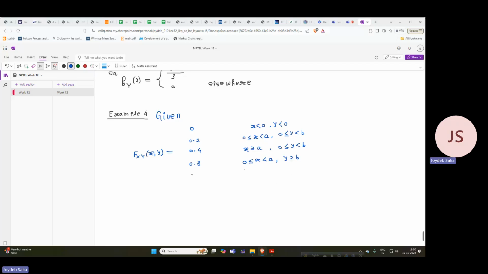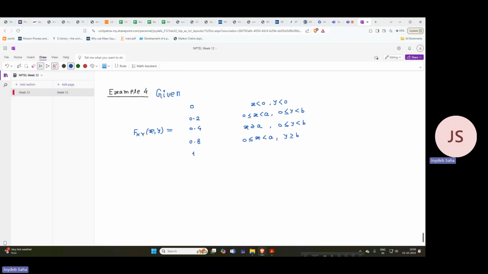Okay, and 1 for x greater than or equal to a, y greater than or equal to b. Okay, this is the data we are given.